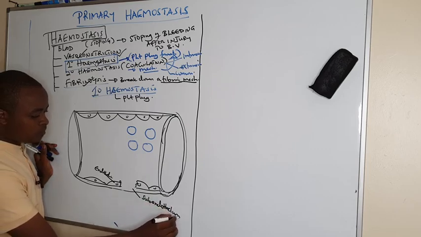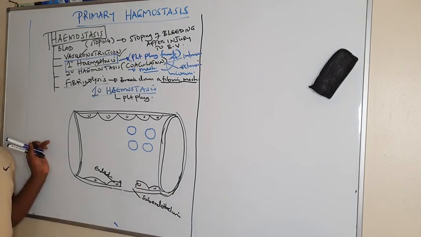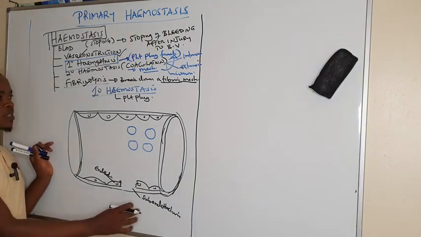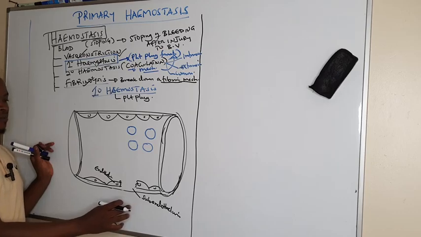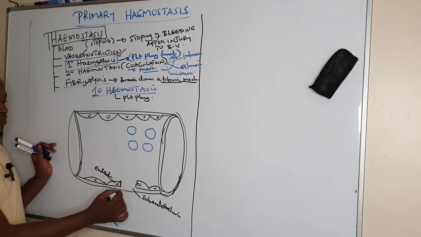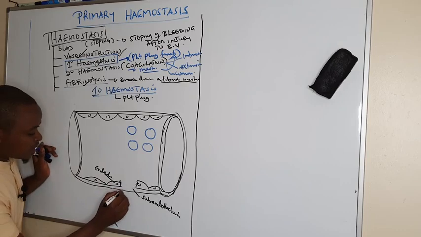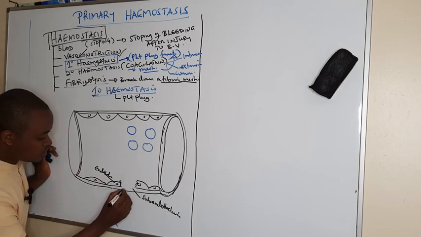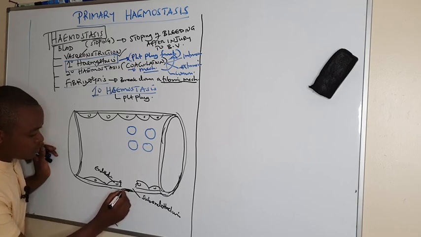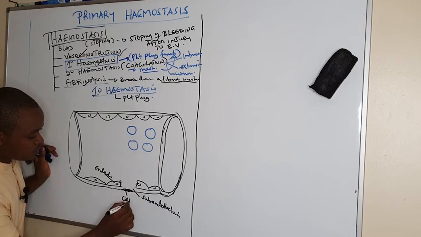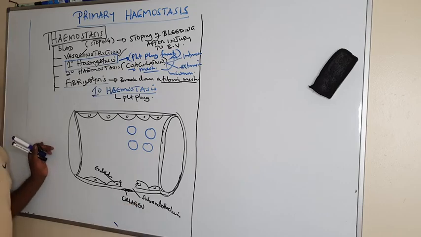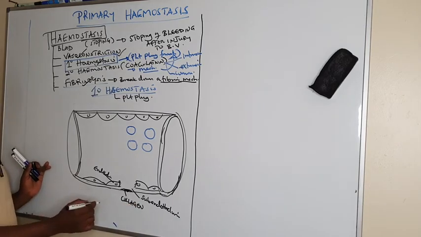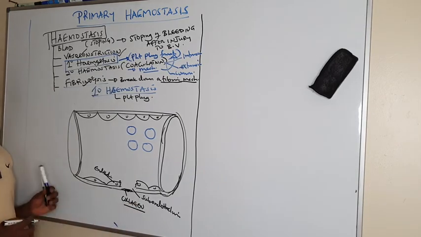And after exposing the subendothelium, we are going to see the subendothelium contains proteins like collagen. This is collagen, a protein. And when an injury occurs, we shall expose collagen.